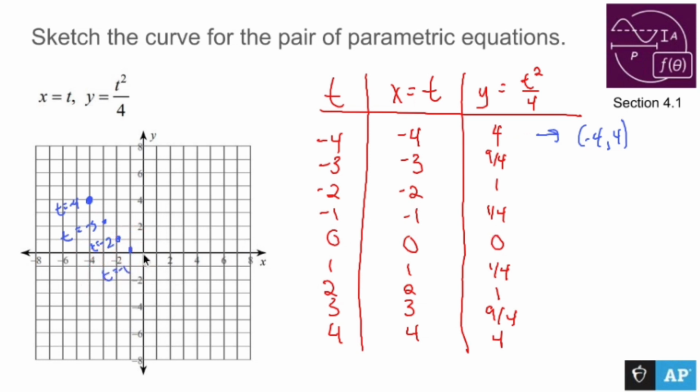When t was 0, I get the origin. So t is 0. And then we go back up. T is 1. T is 2 was 1. T was 3 was 2.25. So right there is when t was 3. And when t was 4, we had 4.